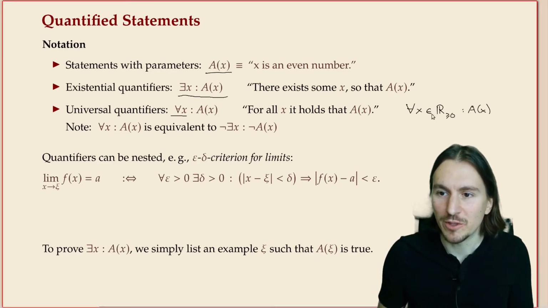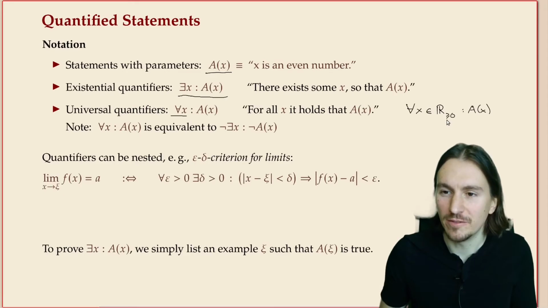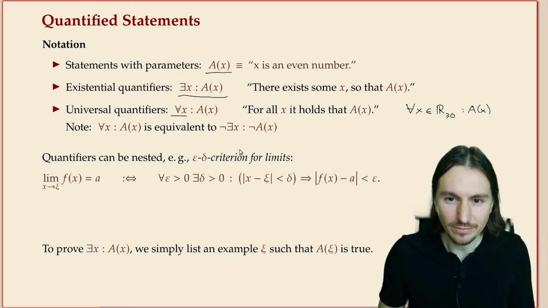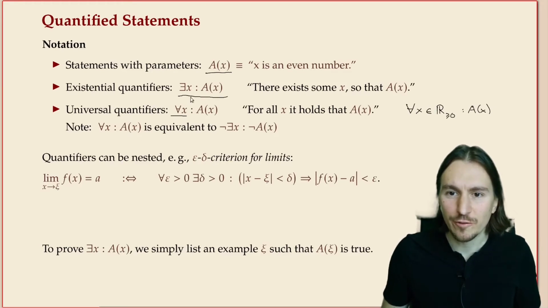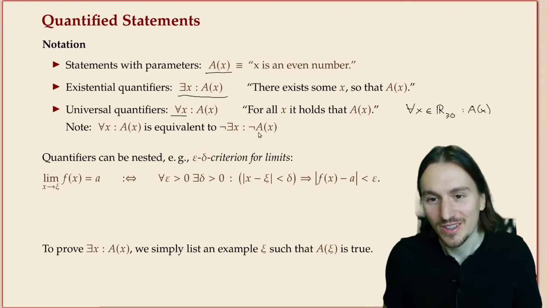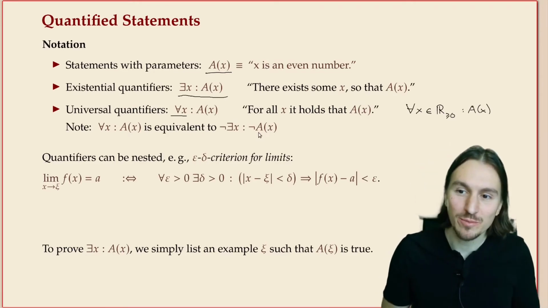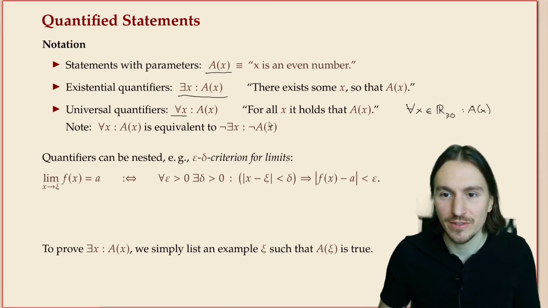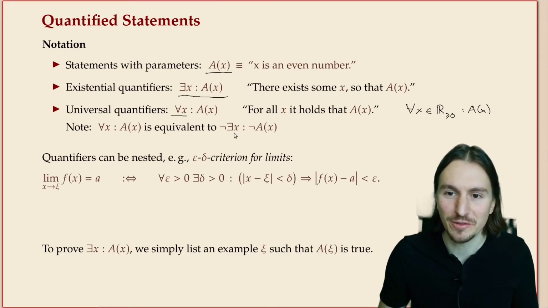So if the statement only makes sense for non-negative numbers, you could write it like that. There's a formal equivalence between these two. If you have the statement for all x, a of x holds, that's the very same thing as saying there is no x so that a of x does not hold. Same thing, but again, sometimes proving one thing is easier than the other, so it's helpful to be able to flip around these negations.